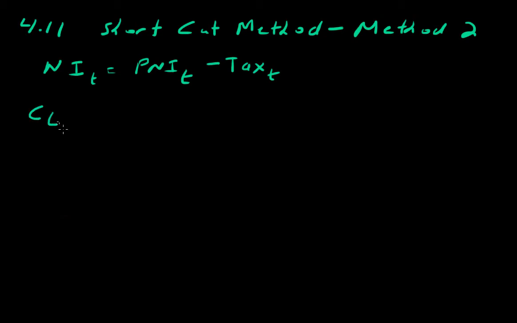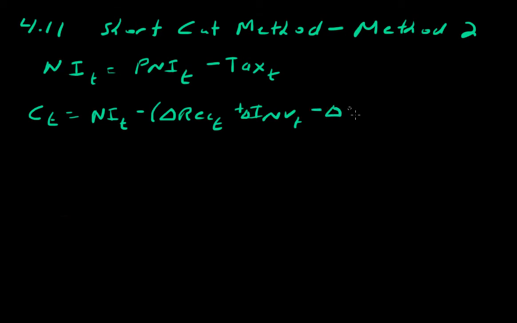Okay, so under this method, to get our cash in any time period, we're simply going to take the net income from that time period and subtract out the changes in balances of different items. So receivables, inventory, that should be a change in inventory.